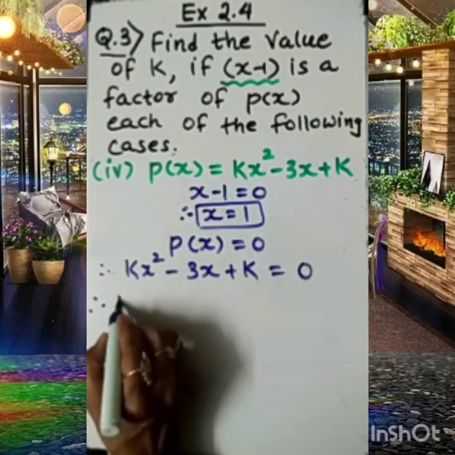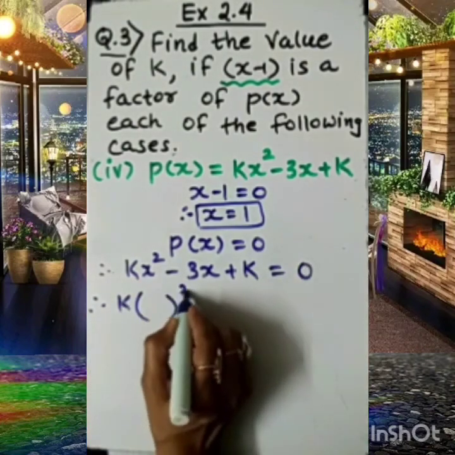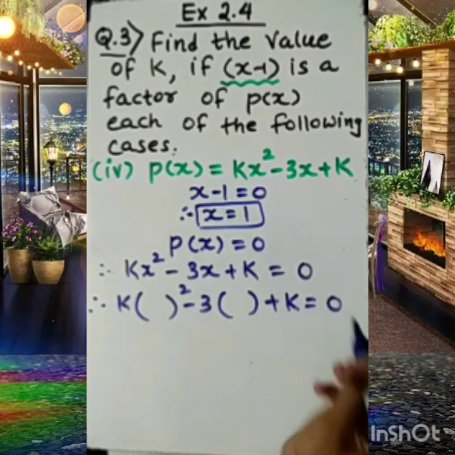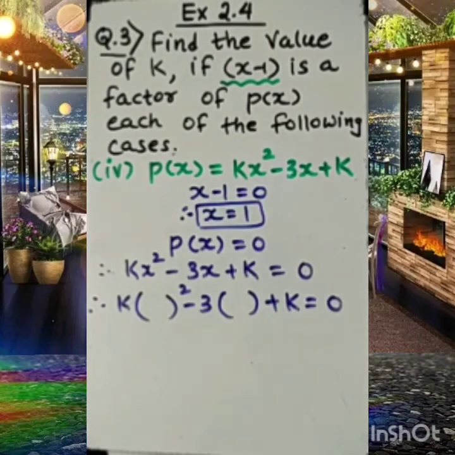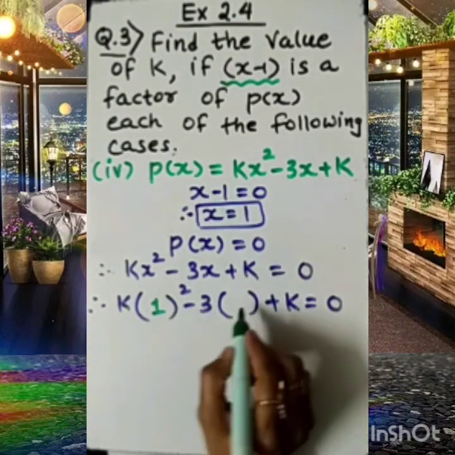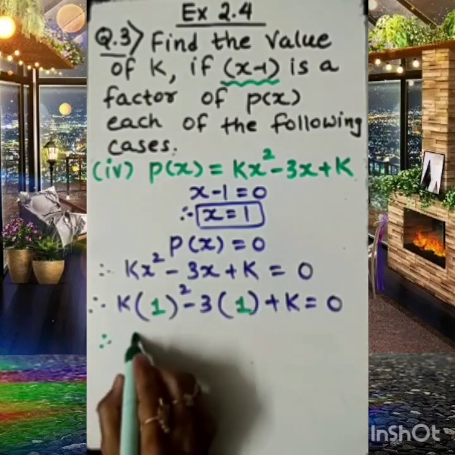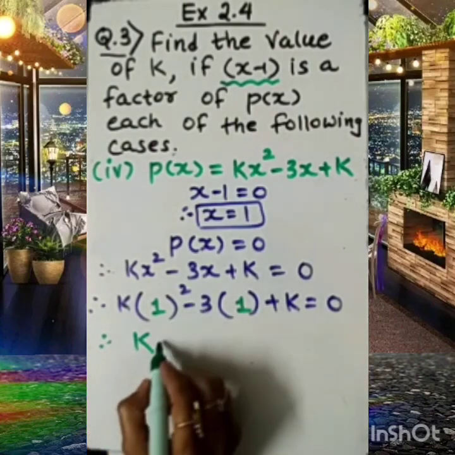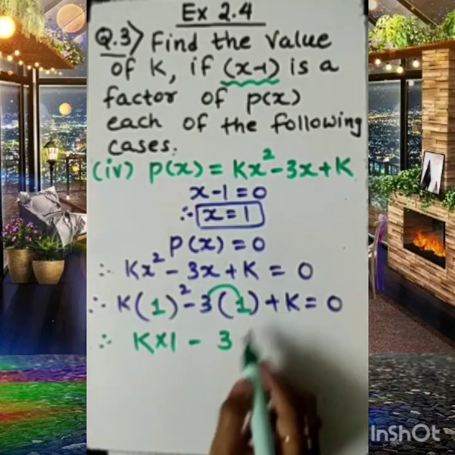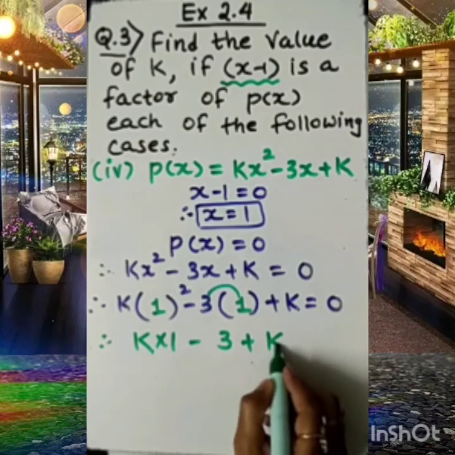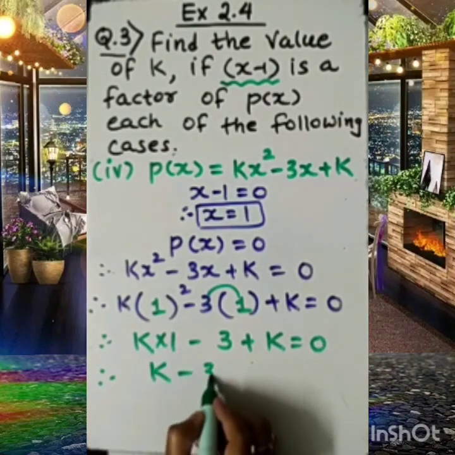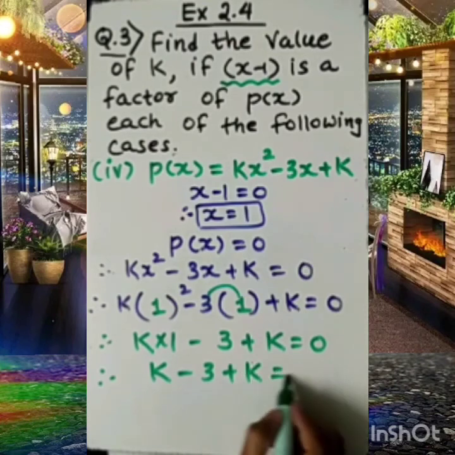Now, here what I am going to do, I am writing the value of x. What is the value of x? That is 1. So I am writing 1 here. Therefore, here it is k into 1 square, it will be 1, minus 3 into 1, 3, plus k equal to 0. k minus 3 plus k equal to 0.